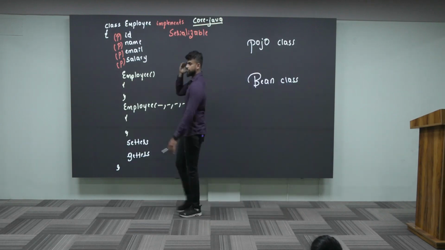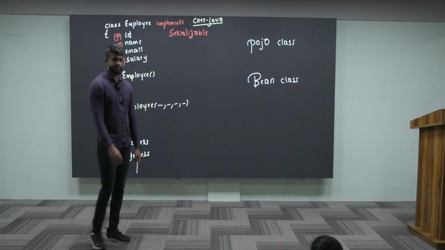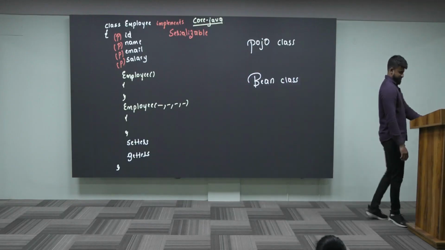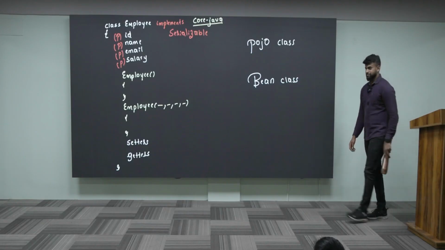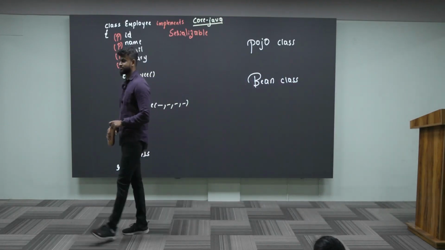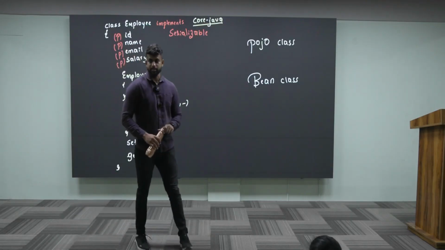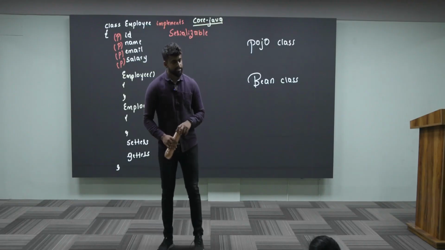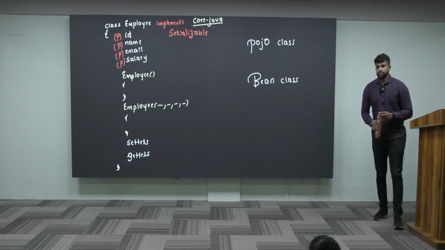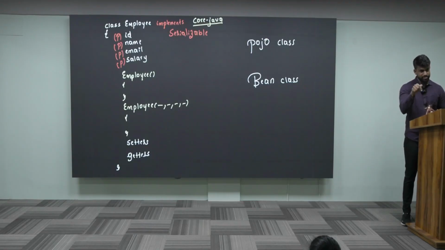Bean class means it's like POJO class only, but it should implement Serializable. Tell me, Serializable, you have heard somewhere? Where have you heard? Multithreading, very good. In multithreading, which interface have you heard? Runnable interface. And Runnable interface, we call it a functional interface in Java. What is the Serializable interface? I have told this in one of your classes itself.